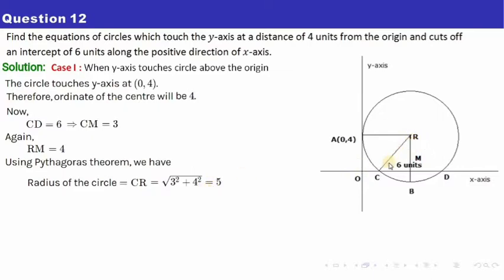And we know that CR is the radius, right? So if CR is the radius, then this AR is also the radius, isn't it? Yes.